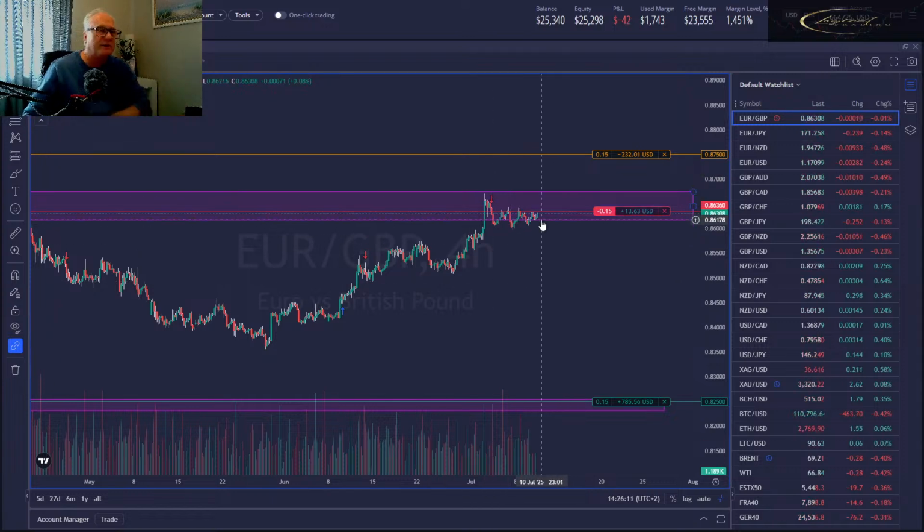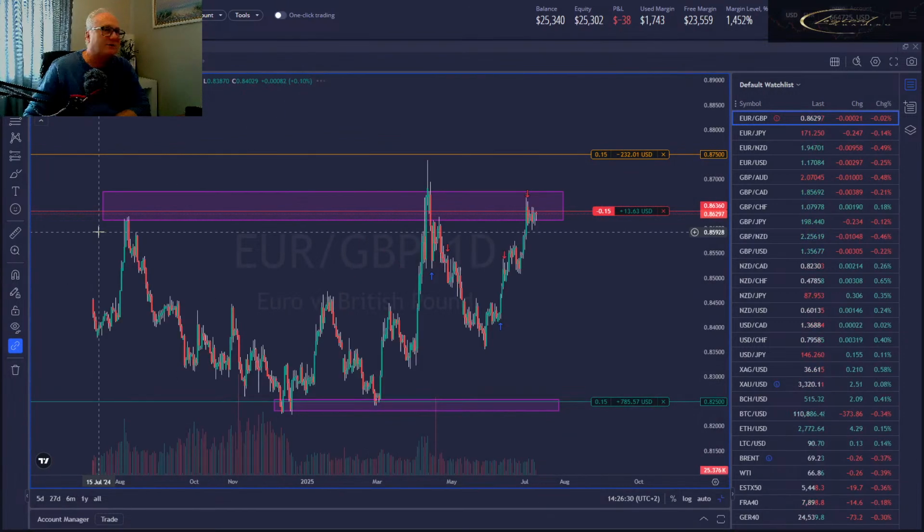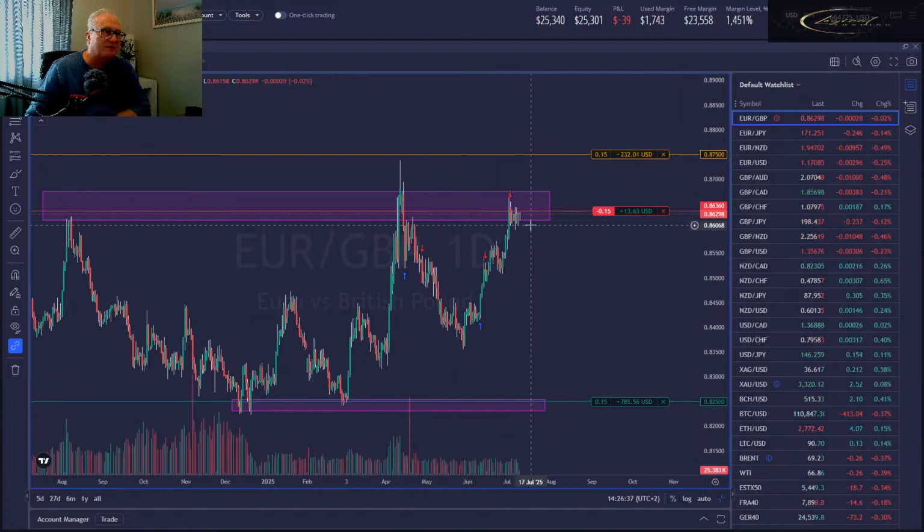Because when it's in an area like this, as you know, it could break to the upside or it could break to the downside. And as you saw with what I did with the Japanese Nikkei a few moments ago, I actually went short on it. I took that trade. But just go to the day chart. What is the day chart telling you? Oh, if I look at the day chart, there's another one of those candles. Look at that little red dot and a long tail to the bottom.